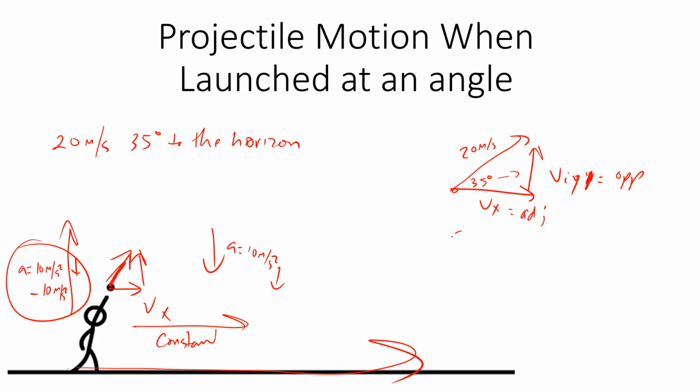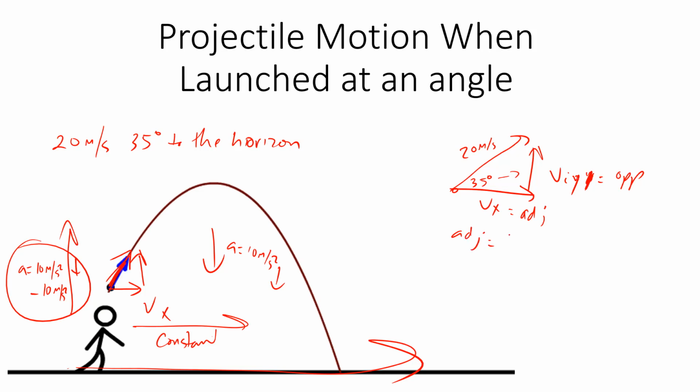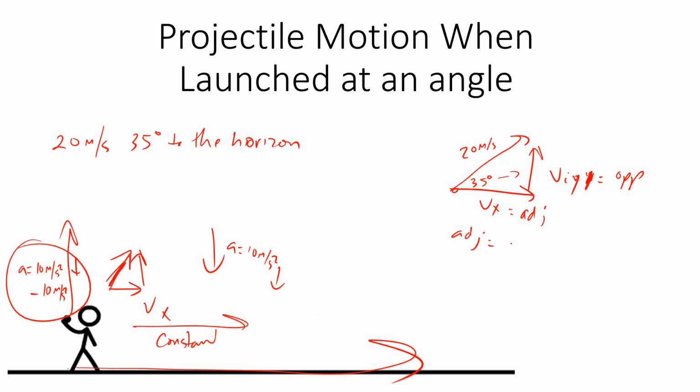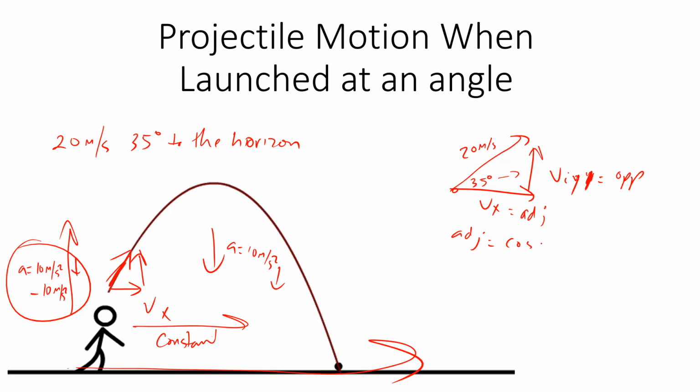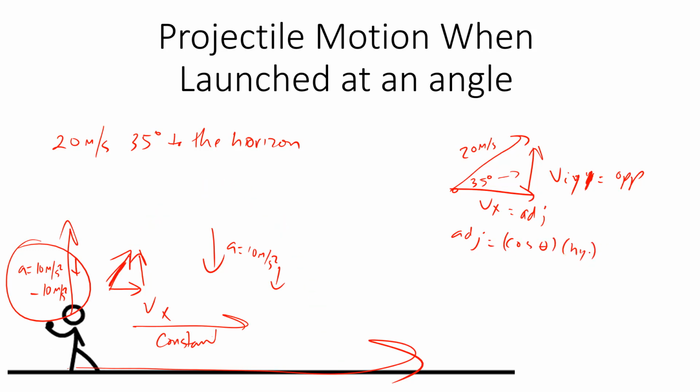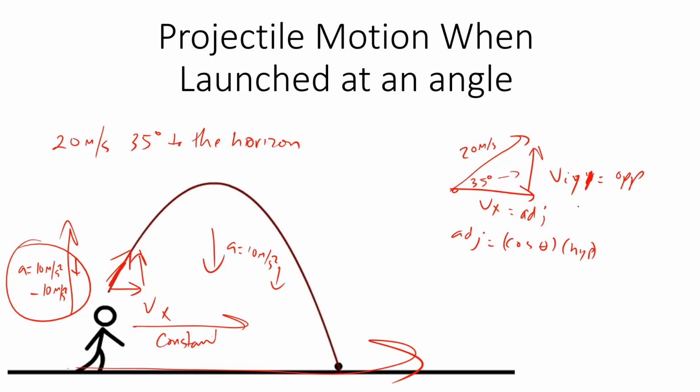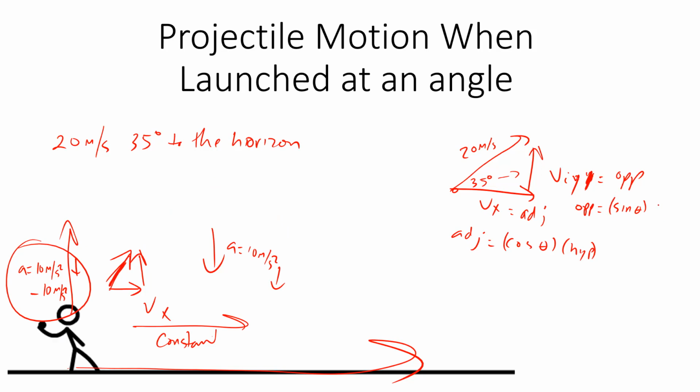We're going to use SOHCAHTOA: the adjacent equals the cosine of the angle times the hypotenuse, and the opposite equals the sine of the angle times the hypotenuse.